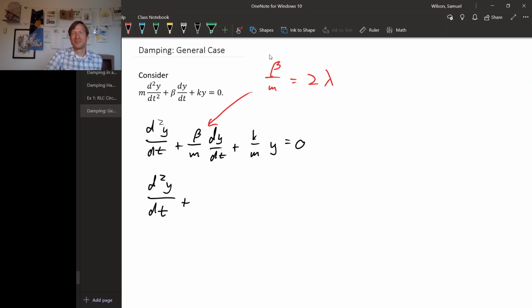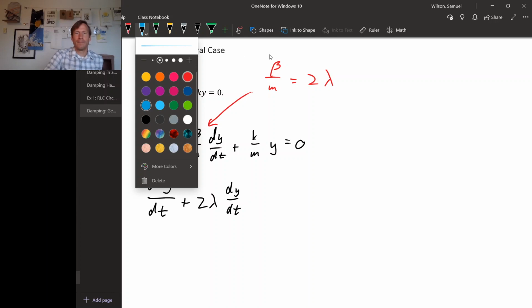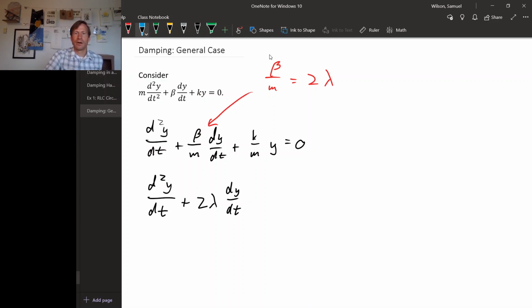You'll see why it's better to name it 2 in just a second. So 2 times lambda dy dt. This is just defining a new coefficient lambda. For this coefficient, we're going to give k over m a new name. We're going to call that omega squared.